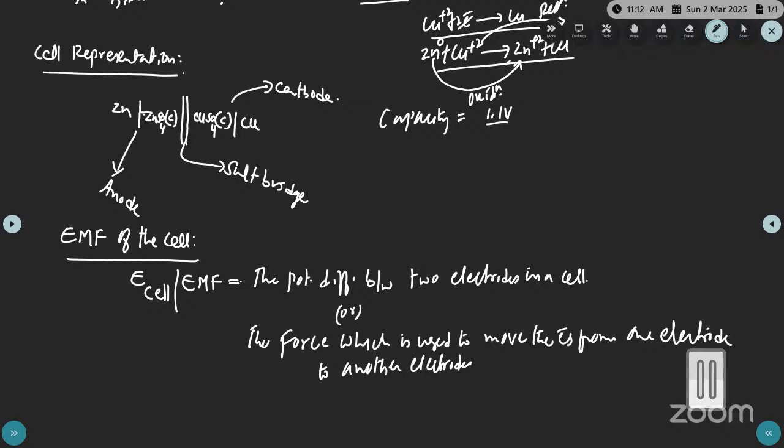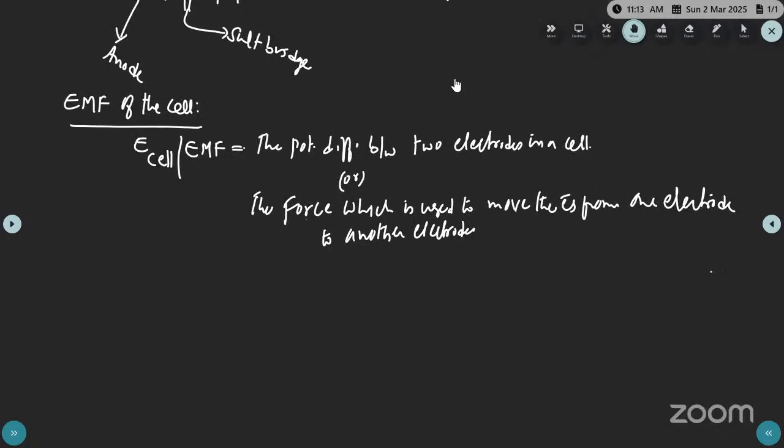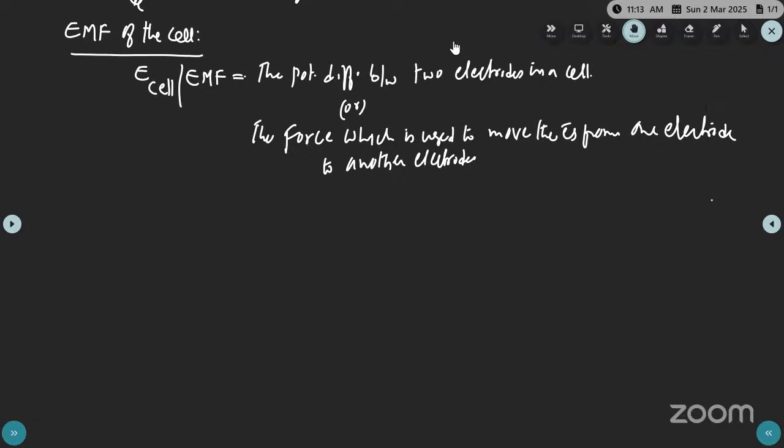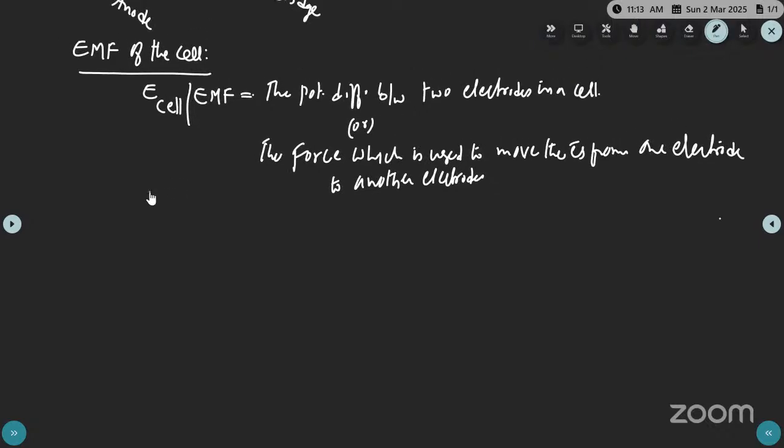Right. Next, here we have the formula to calculate the EMF of the cell. So what is the formula? E cell, or EMF, is equal to EA plus EC. This is the formula to calculate the EMF or E cell.